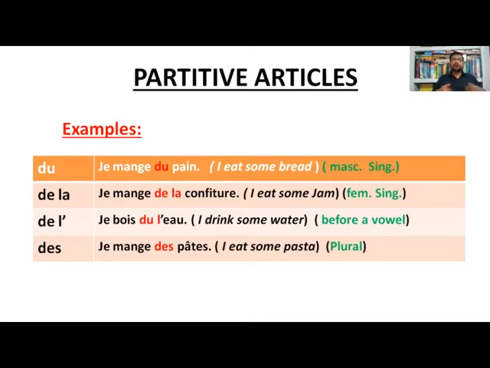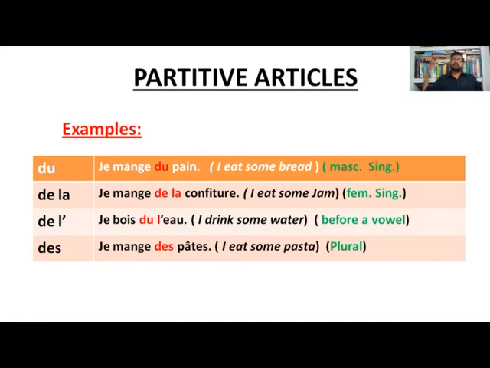Similarly, je mange des pâtes. I eat some pasta. Pâtes here is a plural noun, and pasta is an uncountable noun, basically how much pasta.